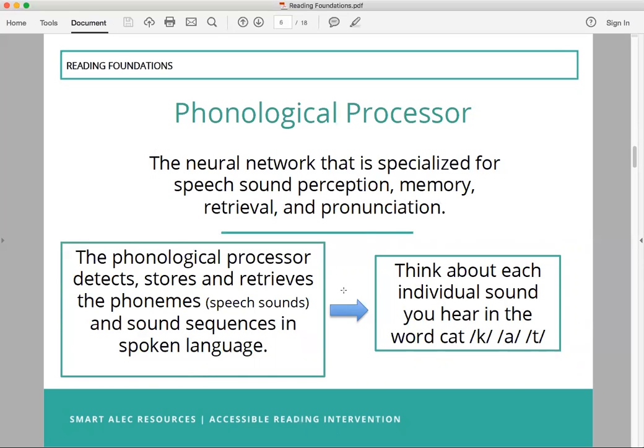Sometimes if we have a breakdown in the phonological processor, it may be something as simple as an articulation disorder where we actually can't say the sounds. It's really just a breakdown in the phonological loop. So we kind of have this loop of our brain of hearing, processing, pronouncing, and then hearing that word back in our own ears. It's really interesting.